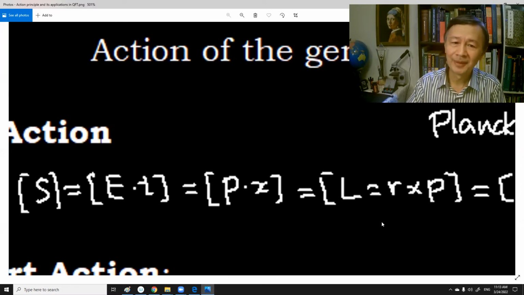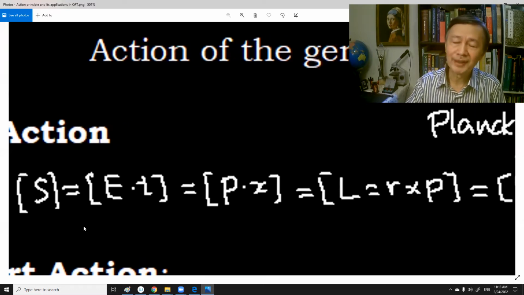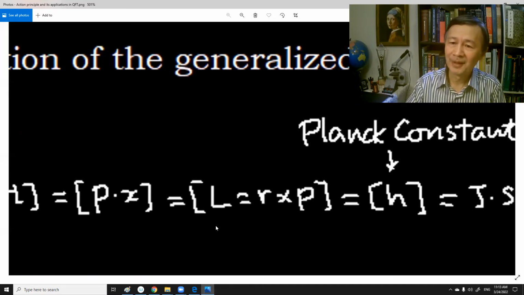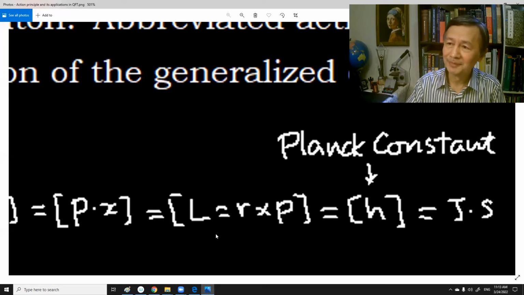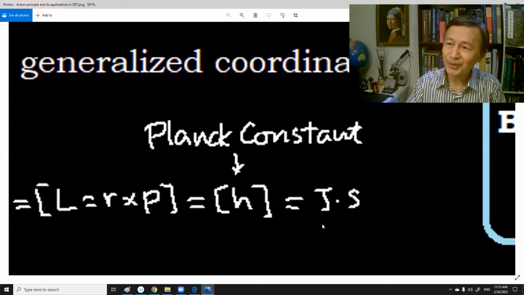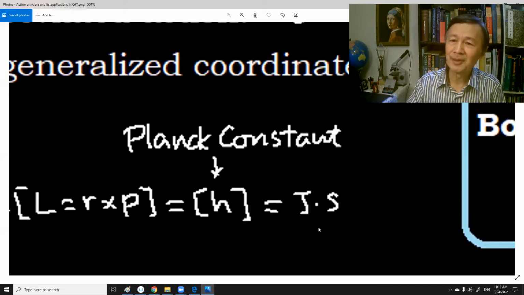In addition, the dimension of the action is also the same as the angular momentum. Furthermore, the dimension of action is also the same as the Planck constant. Interesting.